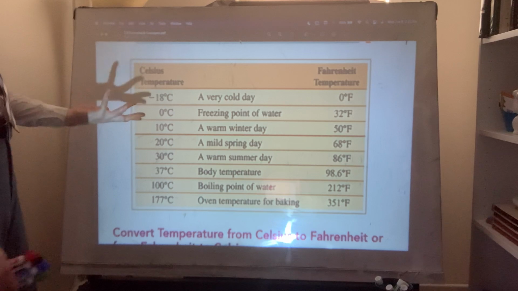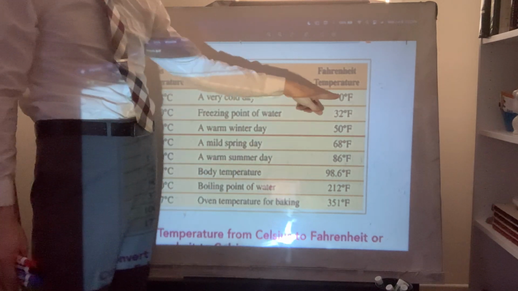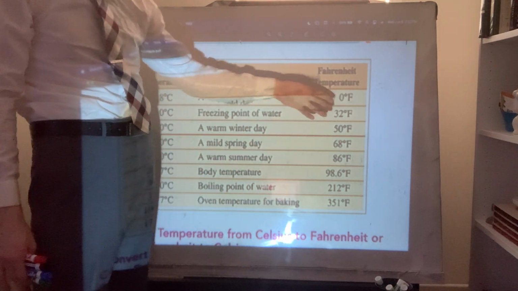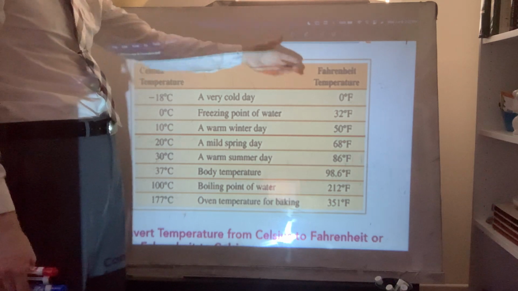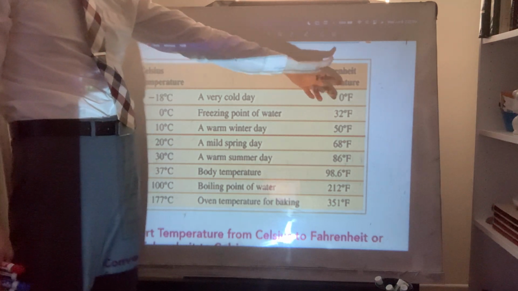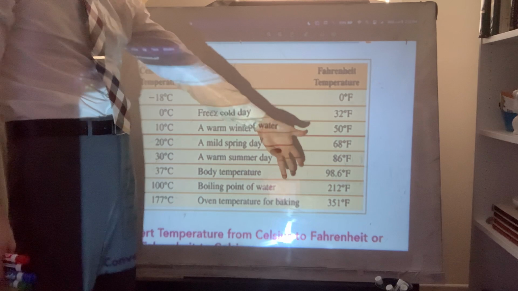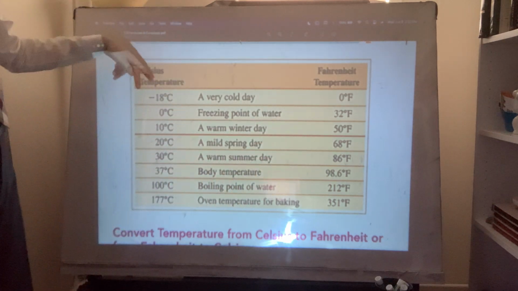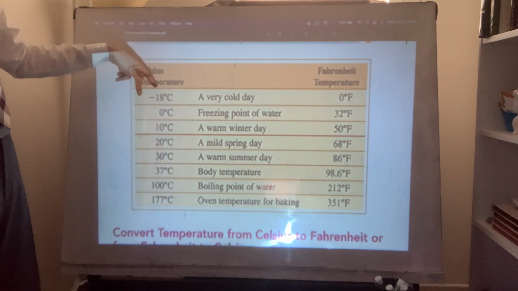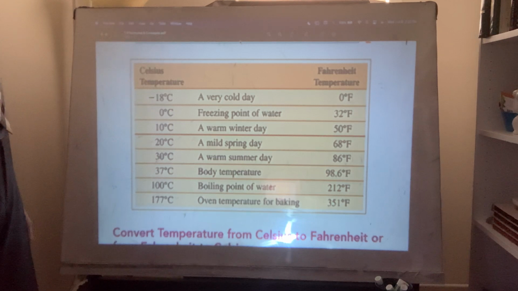And a very cold day, we would call 0 degrees Fahrenheit. Remember a couple of winters ago, we had a month of January that was consistently 0 or lower on Fahrenheit, which would be negative in the Celsius range.